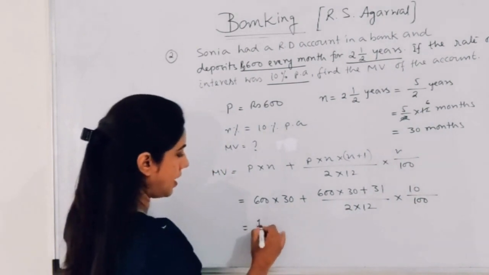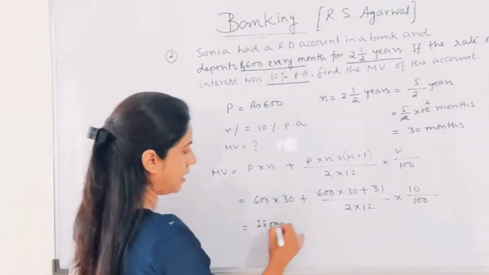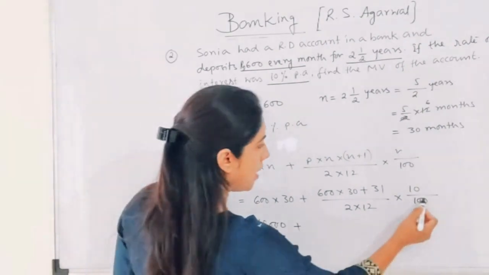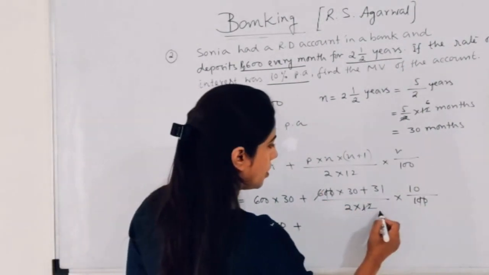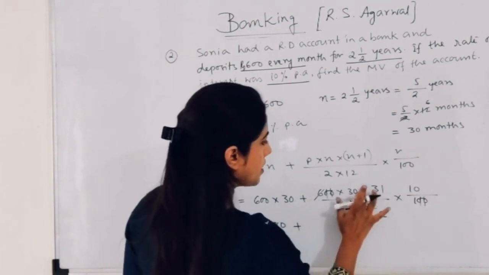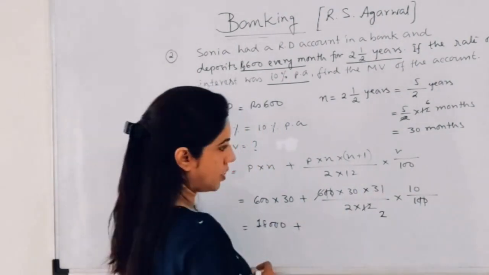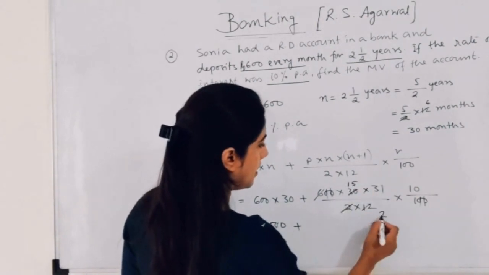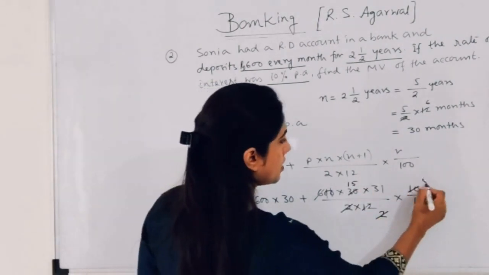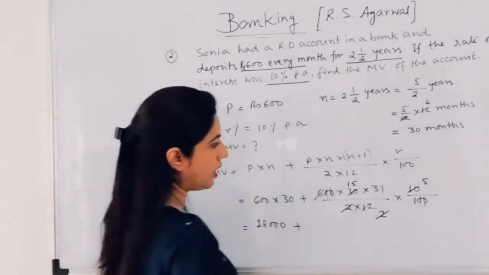Here it is 6 3s are 18,000, 18,000 plus. Cancel it out, 0, 0, 0, 0 gets cancelled. Here it is a multiplication sign. 6 and 2, this is 15, and 2, this is 5. So it is 15 into 5 into 31.